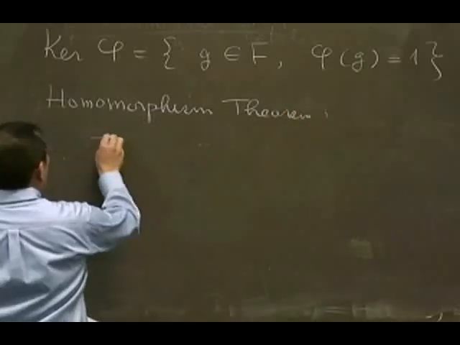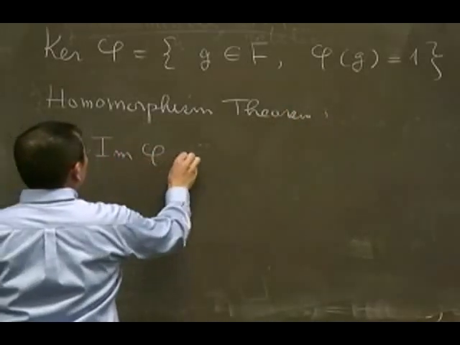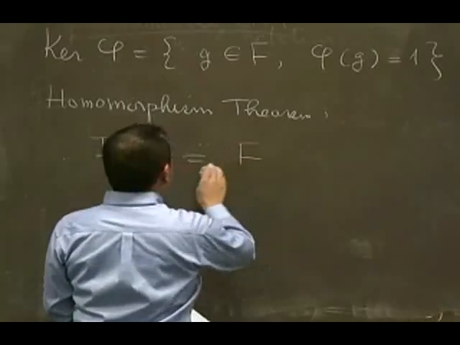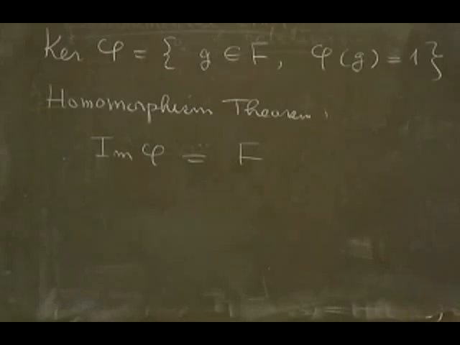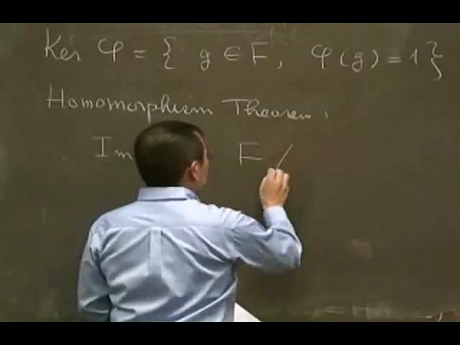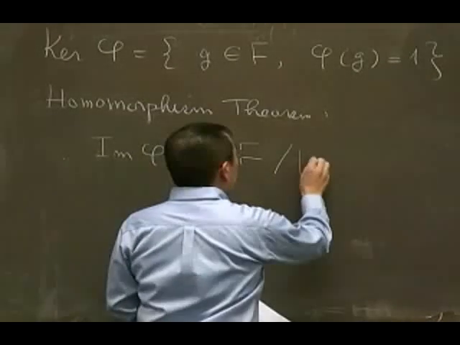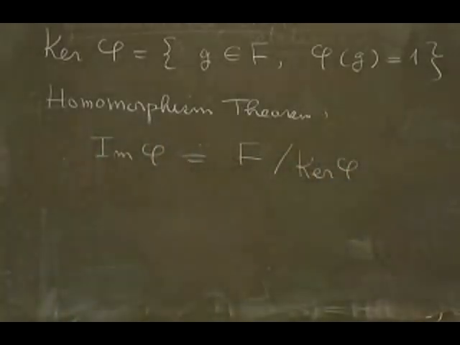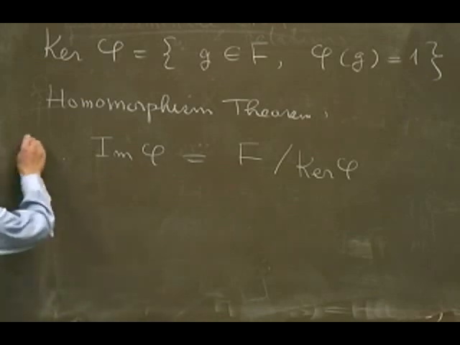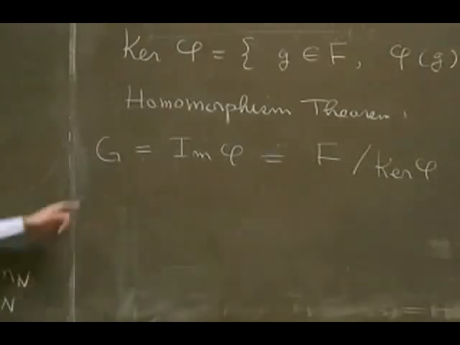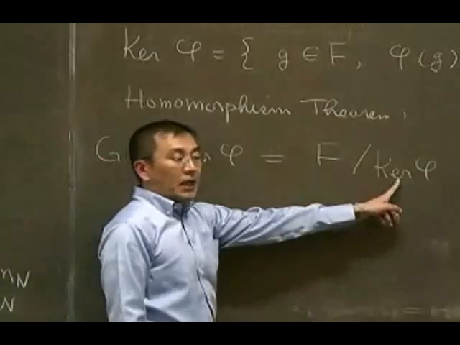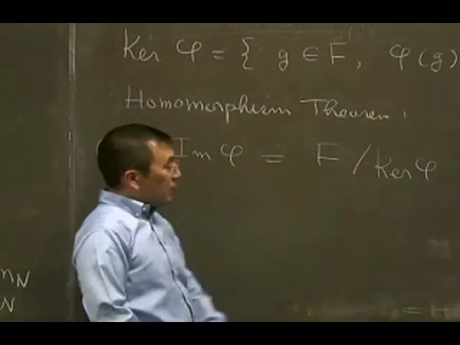That is to say that the image of phi is the same as this original group F divided by the kernel of phi. But in this case, the image of this map is G itself. So that means that G as a group is the same as the free group divided by the kernel of phi.